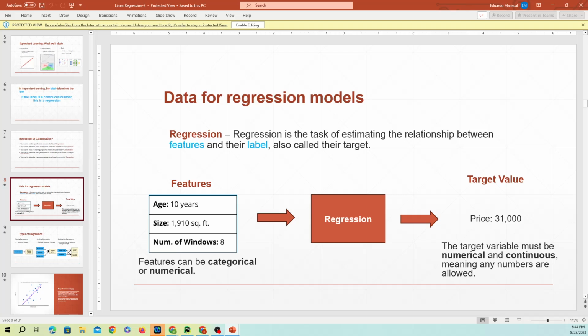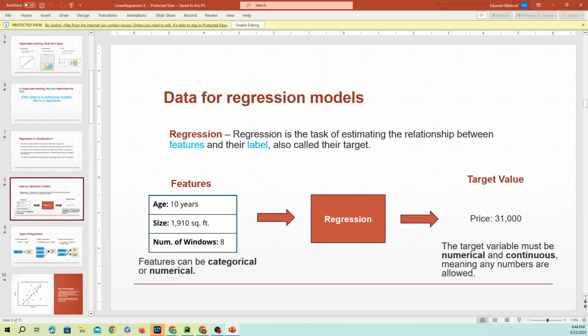For example, let's say the first house is 10 years old, has 1,910 square footage, and the number of windows is 8. So that has 3 different features, 3 different columns of data, right? Even though it's one row, one house, it has 3 different features.